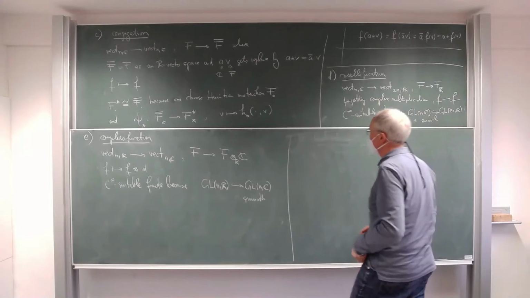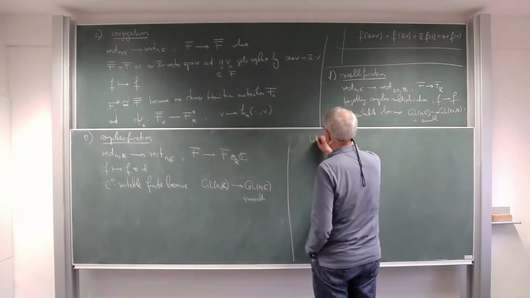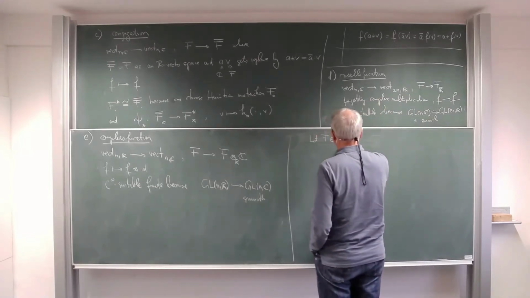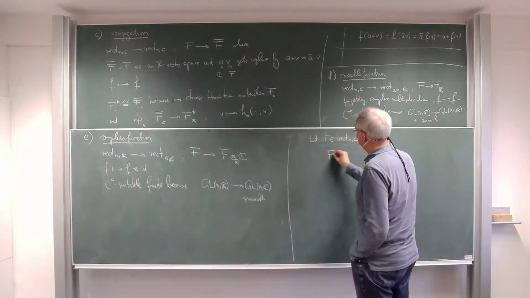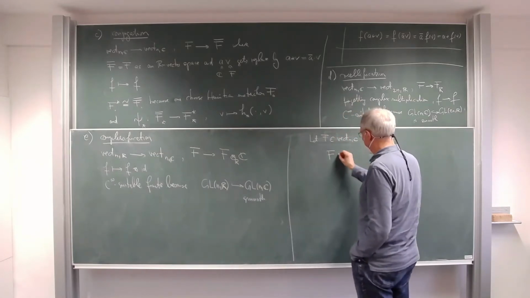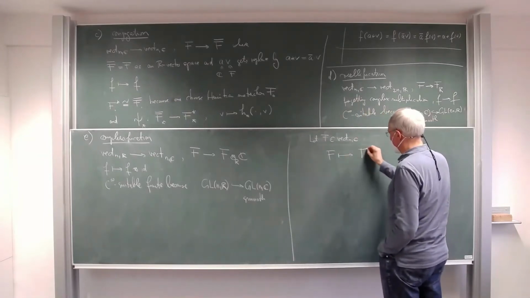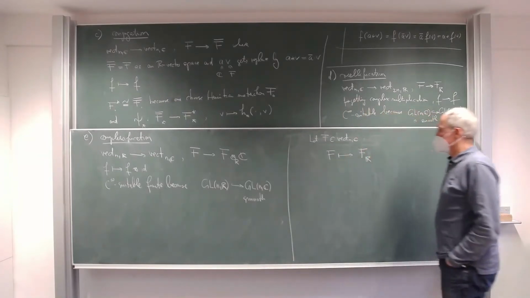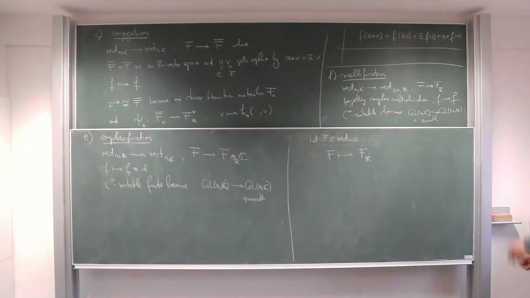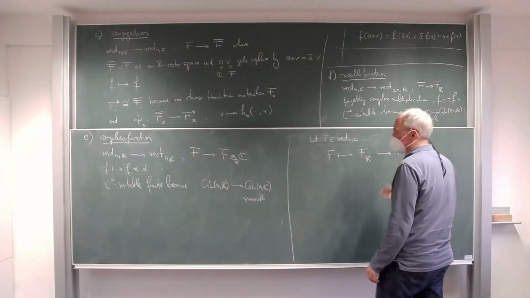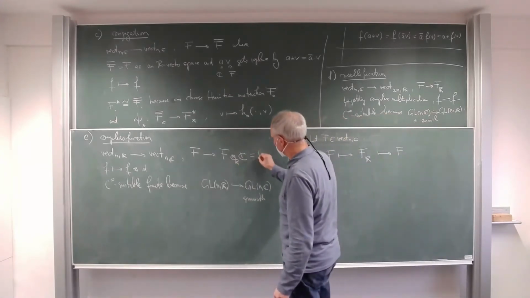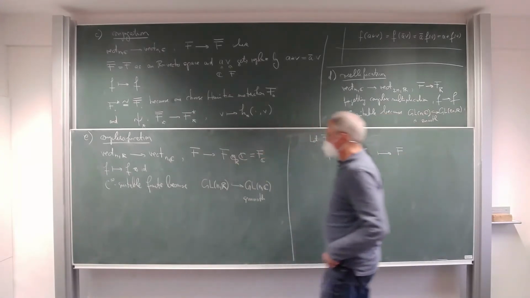Let's first realify, so that F be a complex vector space. And then we can first realify and then complexify again. In fact, this is often abbreviated as F_C.